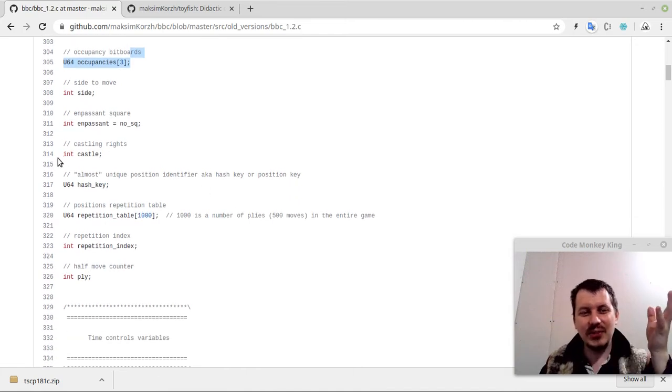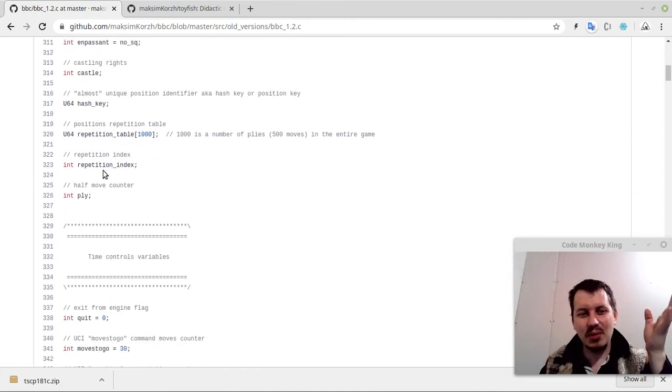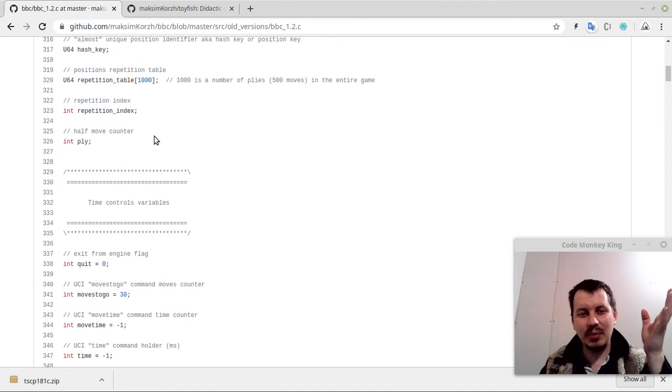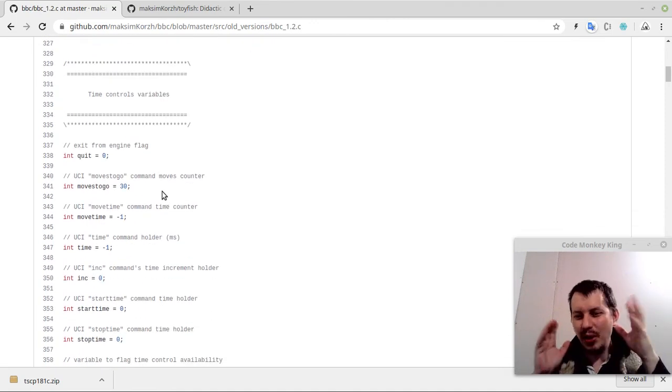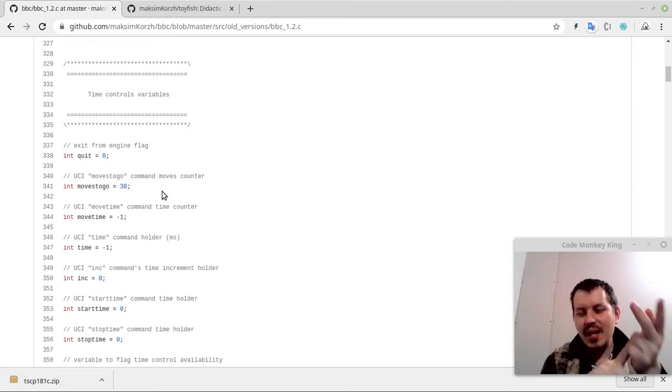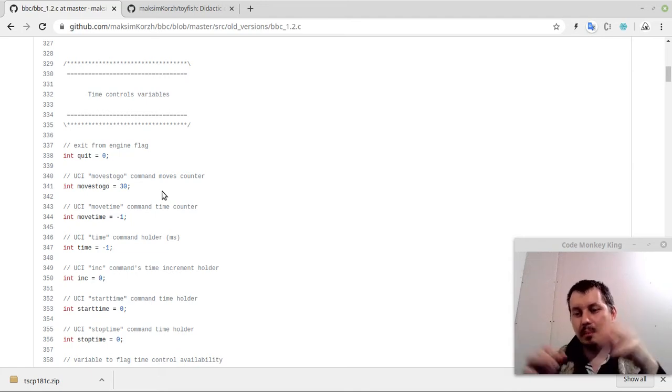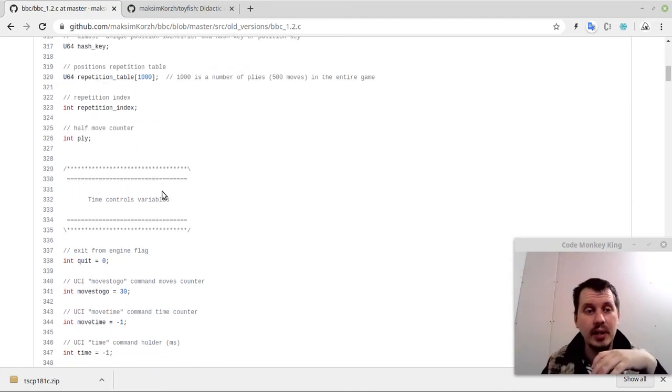Side to move, en passant square, castling rights, hash key, repetition table, repetition index, and so on, and mostly that's it. That's all the data that you need for an engine to operate. So it's much more limited as opposed to what you have in Vice, in TSCP, in Fruit, in Stockfish. So it's really a bare minimum setup, but it works like a charm, right?